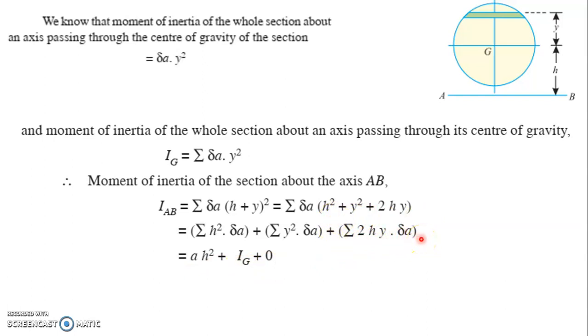There is a reason for that, and no need to write it. So if we calculate the moment of inertia with respect to any other axis at a distance h from the central axis, the moment of inertia is given by I_g plus A h square.